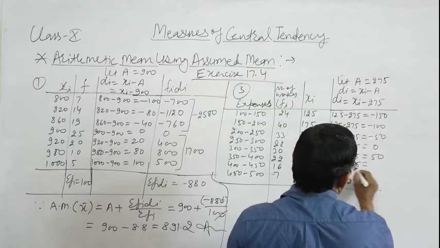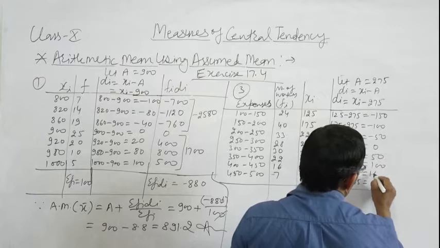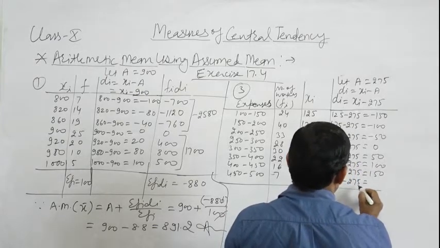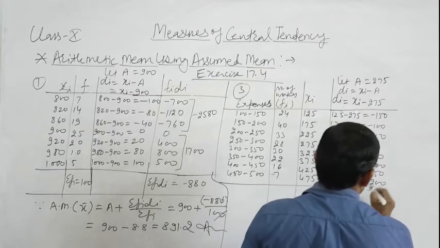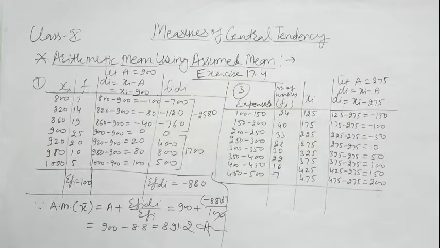Then 375 minus 275 is 100. 425 minus 275 is 150, and 475 minus 275 is 200. So these are the values of di. Di is equal to xi minus a.